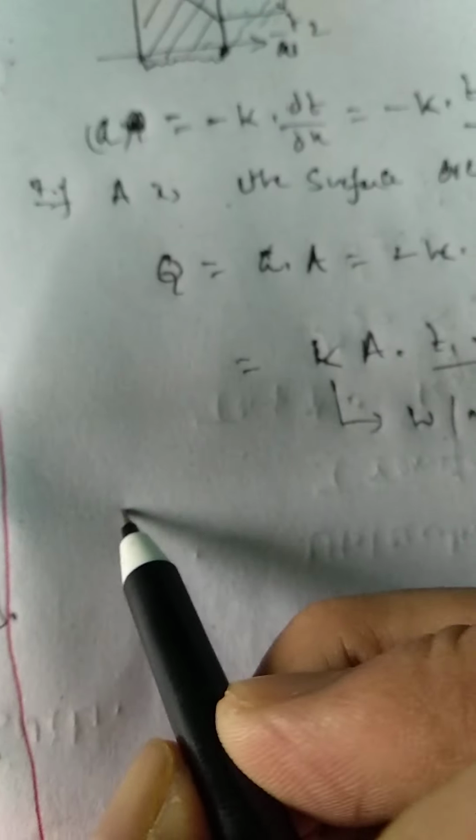Now see from here, dT by dx is equal to q by k.